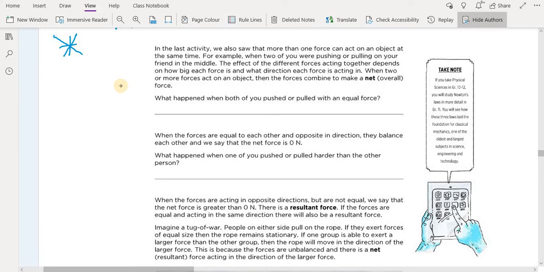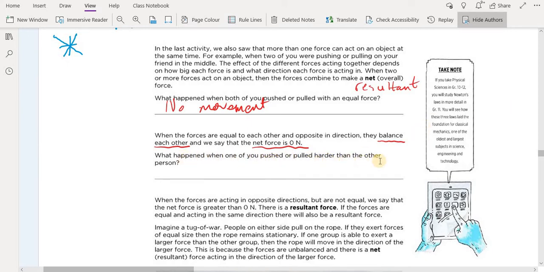Remember, another word for net is resultant. What happened when both of you pushed or pulled with an equal force? There's basically no movement of the object. When forces are equal to each other and opposite in direction, they balance each other. This is important terminology we use in physics. We talk about balanced forces, and we say that the net force is 0 newtons.